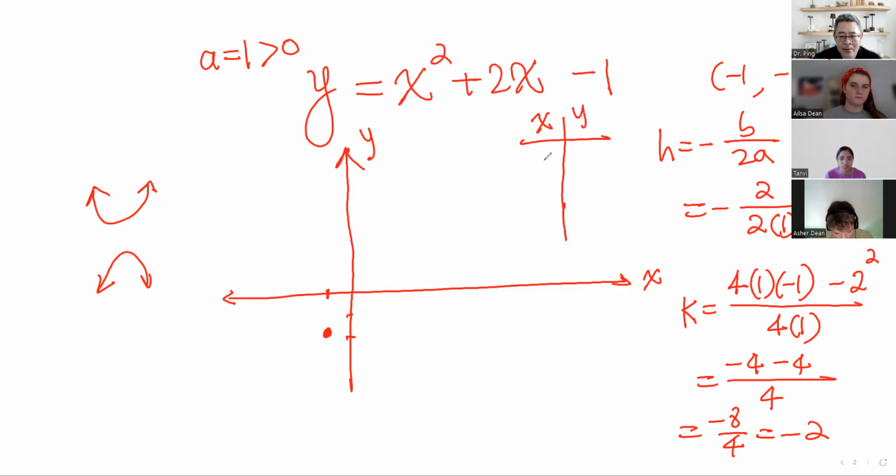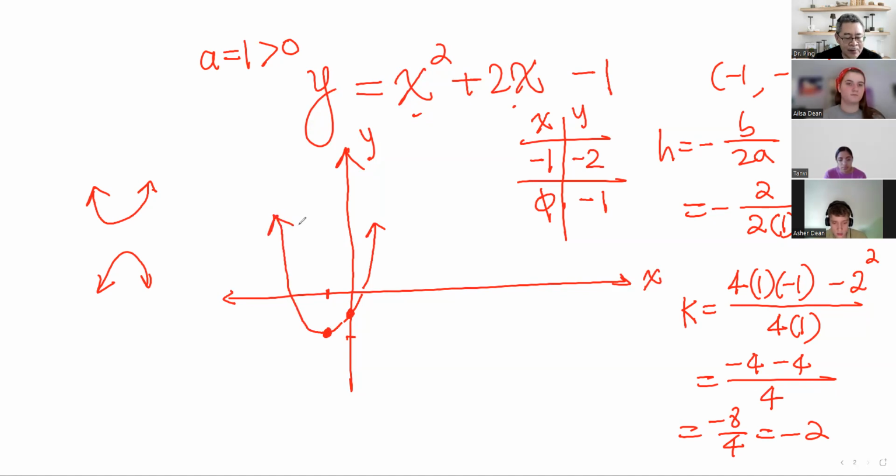We know when x is -1, y is -2. We can also put in x is 0. When x is 0, y is -1, right? So that means it's here. And you can see that this has to be going like that, or like that. Well, now, what are these 2 points?